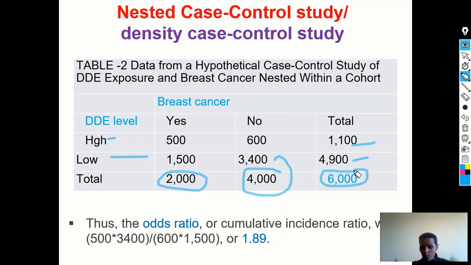If you calculate the odds ratio for this nested case control study design, the same result is obtained, 1.89. You can calculate it, AD over BC. So the same result and the same conclusion will be arrived at by the use of a nested case control study design, which is more efficient in terms of cost and time than using the full cohort, which is not cost effective.